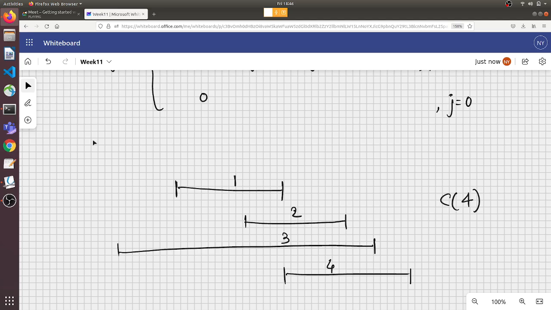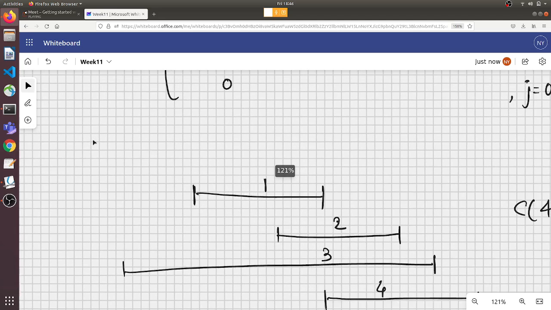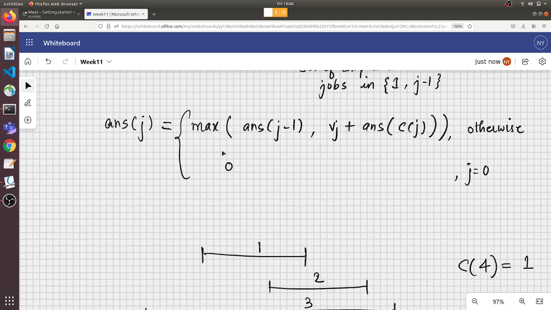And in Cj, what will you store? You will store the index of the last interval which was compatible, because all of the intervals before that were sorted. You are working with the sorted intervals now. In the recursive solution we discussed above, you will be working with the set of intervals sorted according to their finish time.